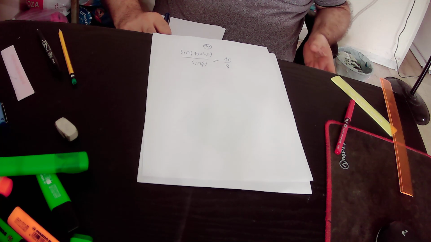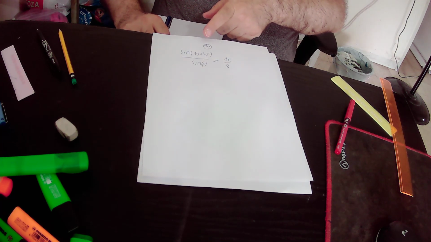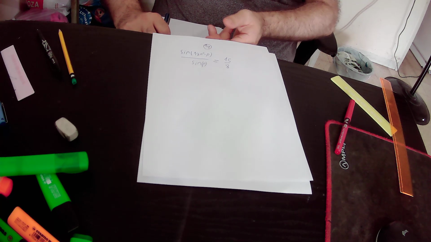Here I will present to you a trigonometric identity that we will use in order to find out the value of sine of 120 degrees minus p.